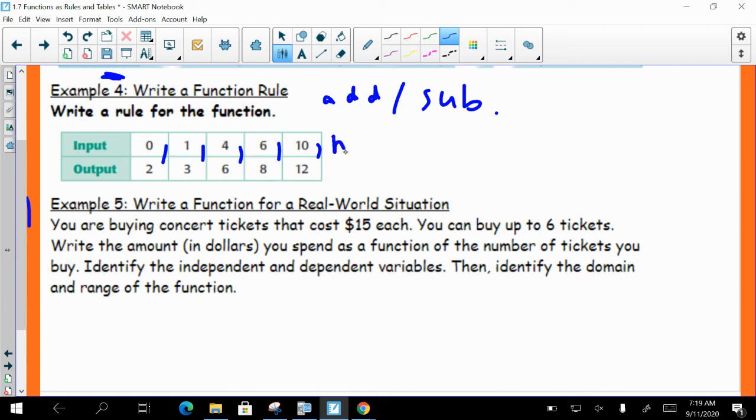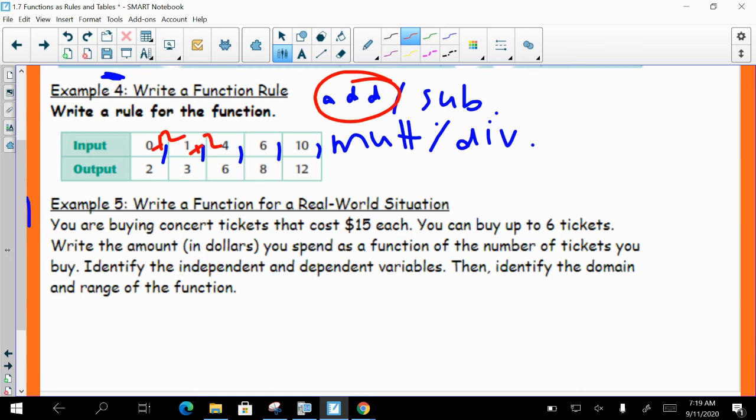If not, see if you are multiplying or dividing by something each time. In this case, we're actually adding 2 to each x. 1 plus 2 is 3. 10 plus 2 is 12. So the rule would be y is equal to, or f of x is equal to, x plus 2.